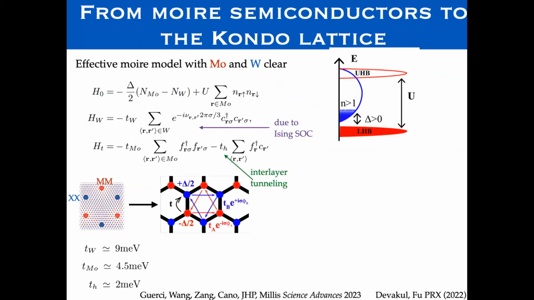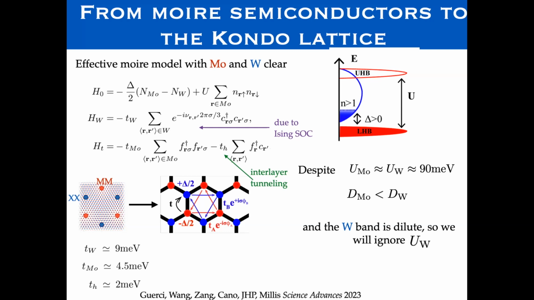And so what we do is write down this effective model on the moiré scale, so I'm skipping a lot of steps. I'm going from this moiré scale to a Hamiltonian that lives on these moiré sites. Okay, I have this picture in mind. This term arises due to this Ising spin-orbit coupling, and it'll be different based on my stacking configuration. And I have interlayer tunneling, which I can treat perturbatively.